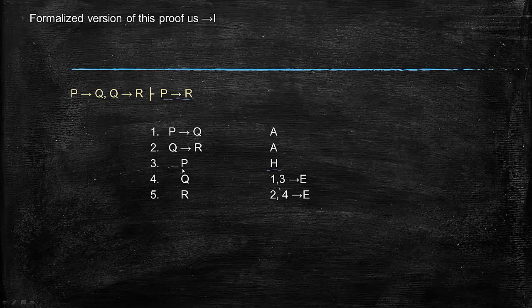So how do we make this so that we can actually infer the conditional if P, then R? Well, we just have a little mechanism for doing that.